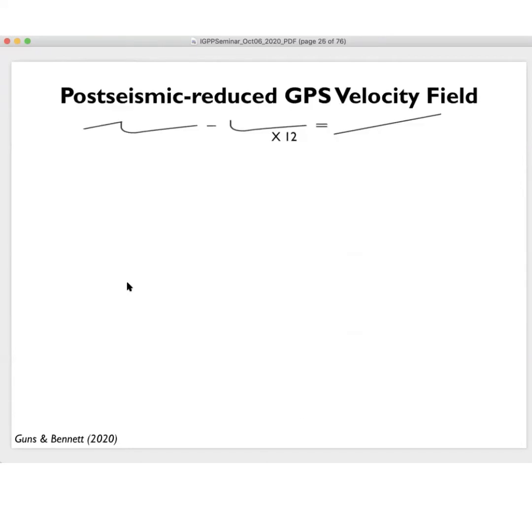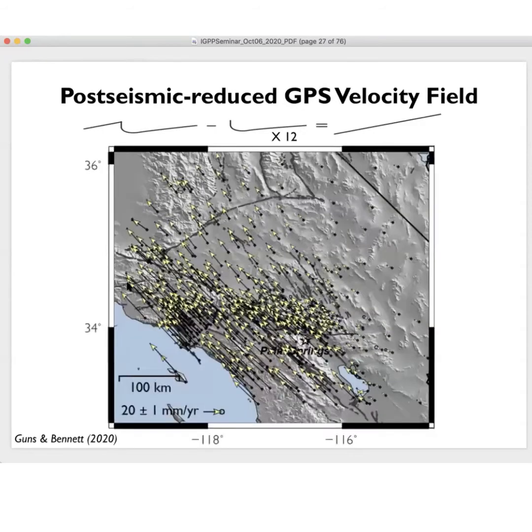Now that we've decided which of the events actually matter the most for our GPS time series, we're going to go ahead and subtract them. Those 12 events, we model them out to the end of our time series and subtract what those end-year motions would be for each earthquake. And when we do that, we get our post-seismic reduced GPS velocity field, which looks like this.